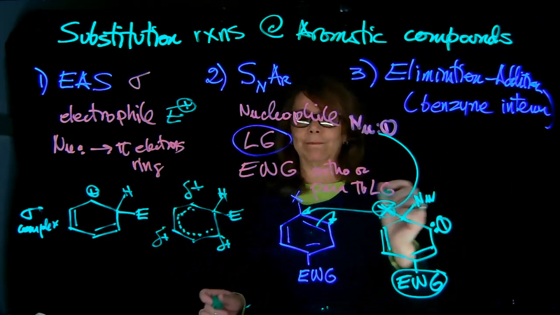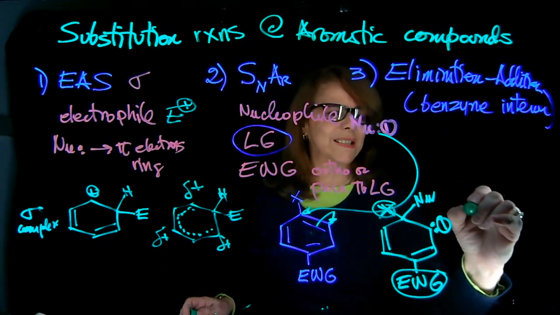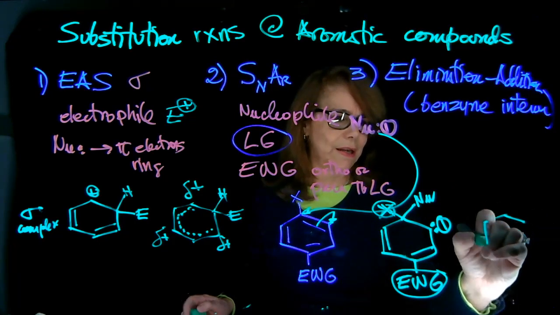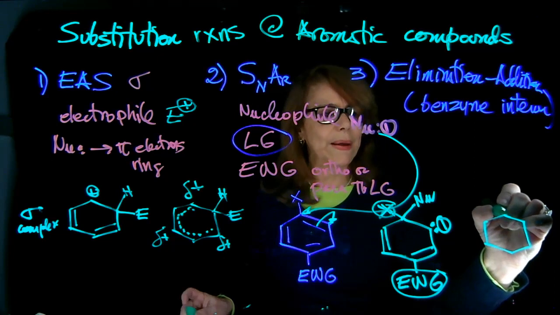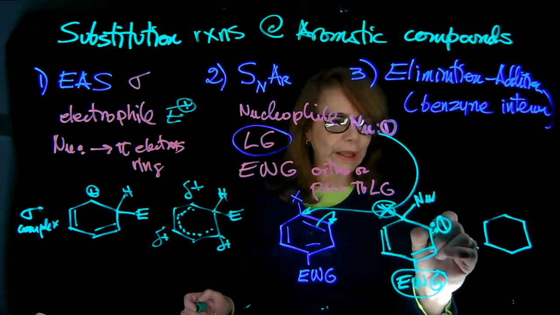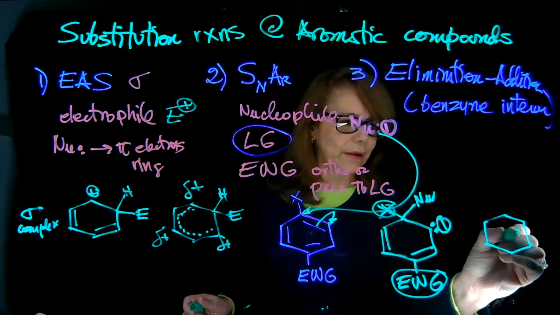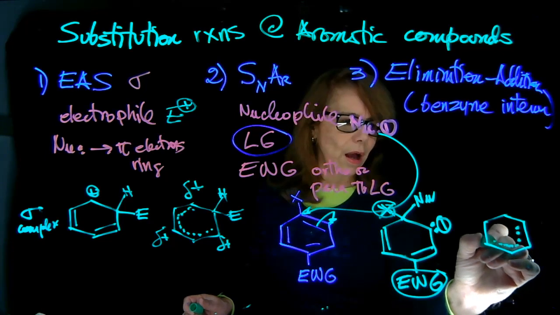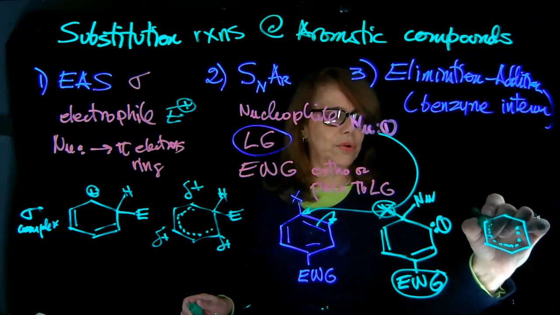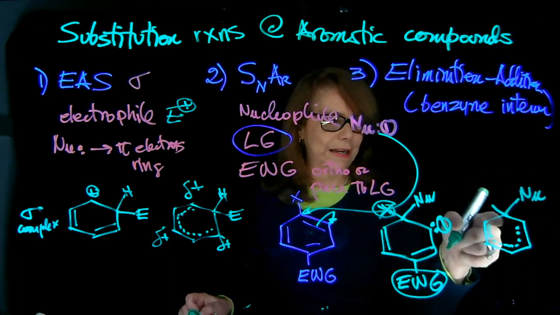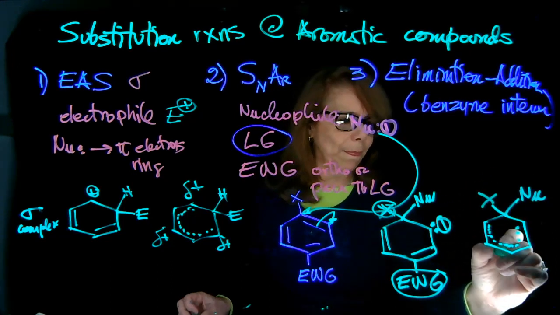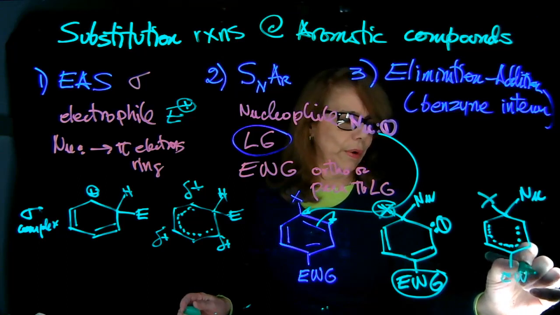Doing resonance, the charge is delocalized, even though this intermediate is not aromatic. I'm going to draw the structure of the intermediate, in which here you have an sp3 carbon. That's your electron withdrawing group.